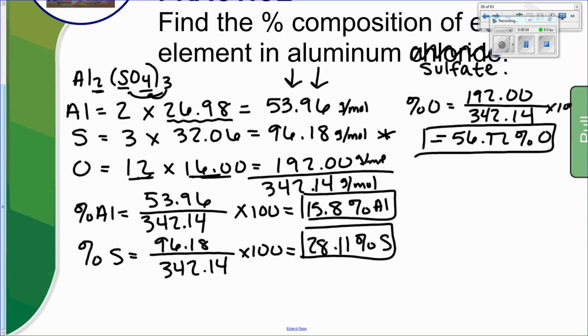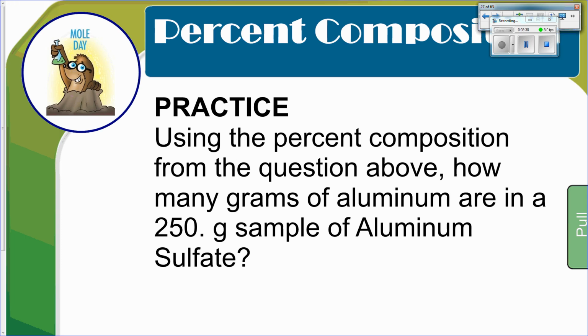If you ended up with something like 5.6%, and you are looking back to check your work, you should realize there's no way that if there's 12 oxygens at that molecular weight, that it would equal anything less than about 50% of that compound. So always check back. It's not exact, but at least it will give you an idea if you're on the right track and probably did it correct. And then, of course, add them to 100 and make sure that everything's accounted for. And if you have a discrepancy, go back and check your work.